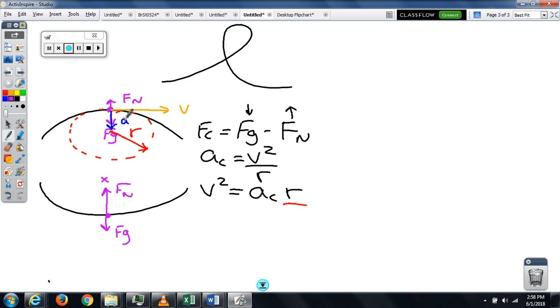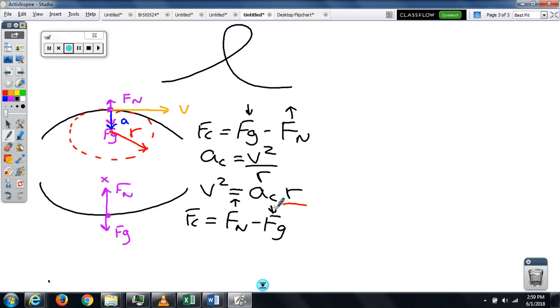But now when I write Fc, I'm going to be going the other way. I'm going to be saying Fn minus Fg. Fn is towards the center this time. Fg is away from the center. So you'll feel heavier going through this valley. You'll feel lighter going over the hill.